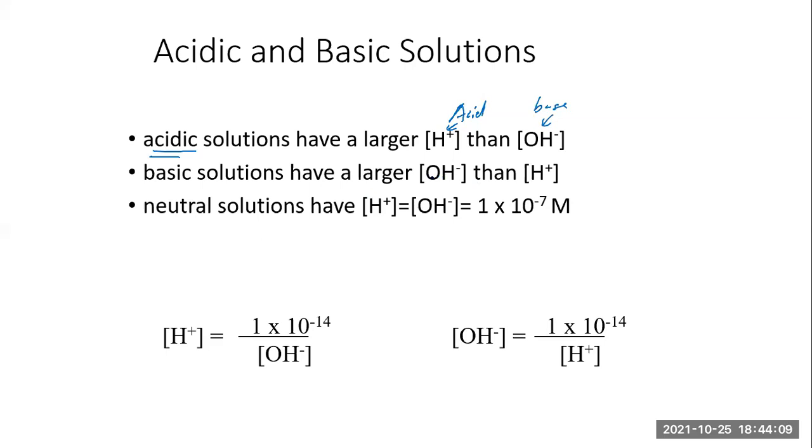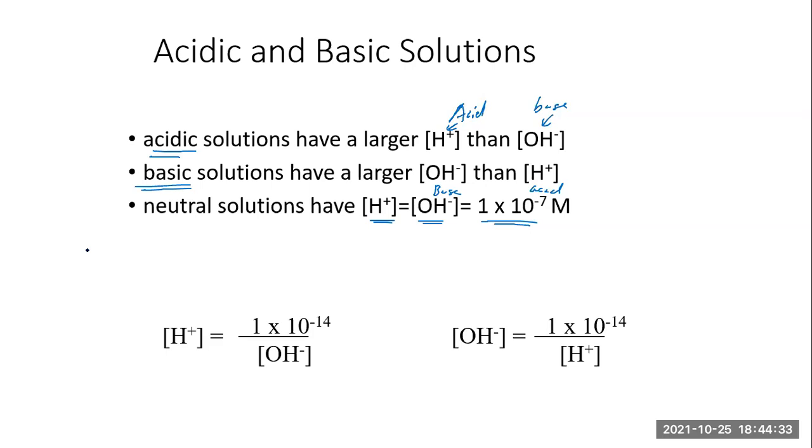If we calculate that the OH minus part, which is the base part, is larger than the acid part, then the solution would be basic. And if the acid part and the base part are about equal to each other, it equals 1 times 10 to the minus 7, which means that it is a neutral solution.